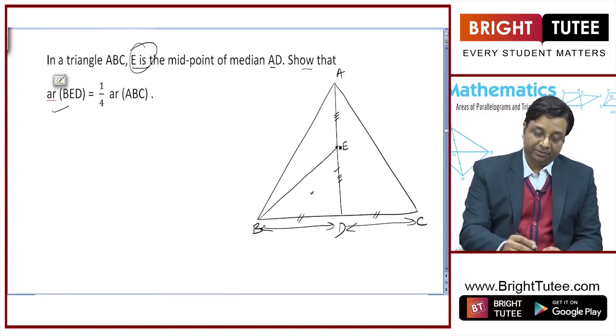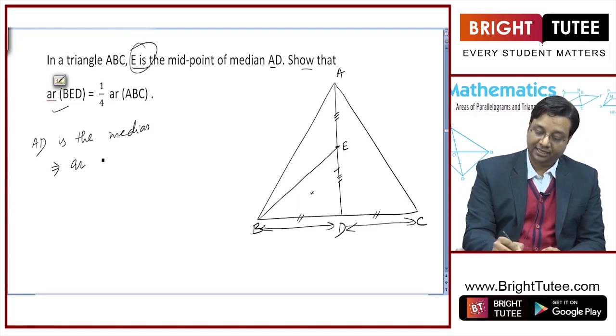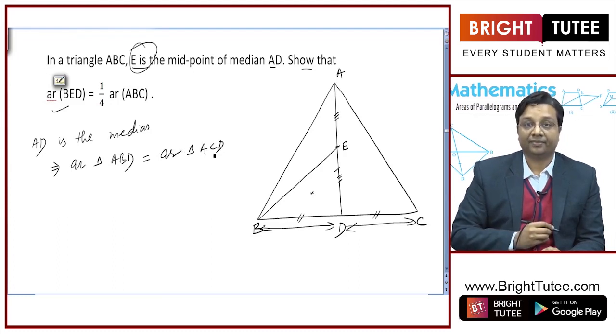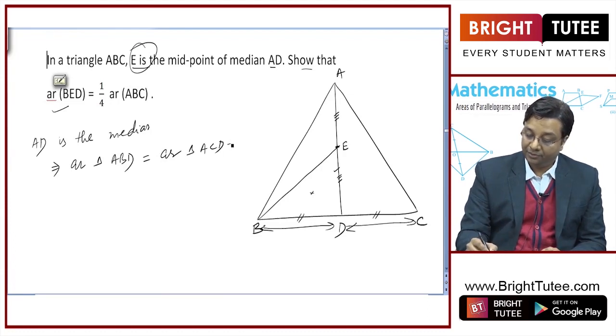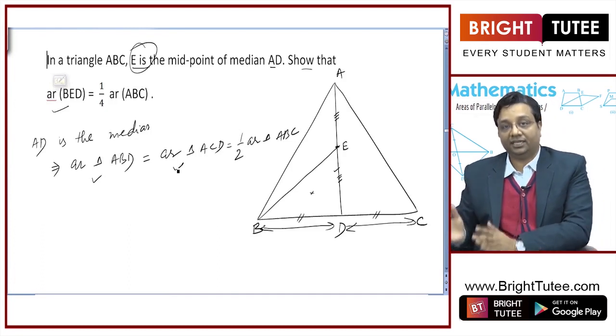Now we know the property of medians: AD is the median, hence area of triangle ABD is equal to area of triangle ACD, and both of these are equal to half of area of triangle ABC, because if I add these two areas I will get area of triangle ABC.